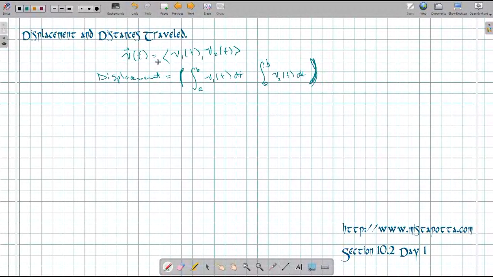In other words, I've got to have my location at A and my location at B and subtract the two. So in other words, I'm going to have to be given some starting position, x of A, y of A, which I'm starting at in order to determine this displacement.